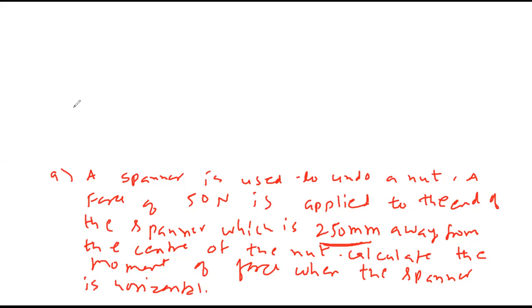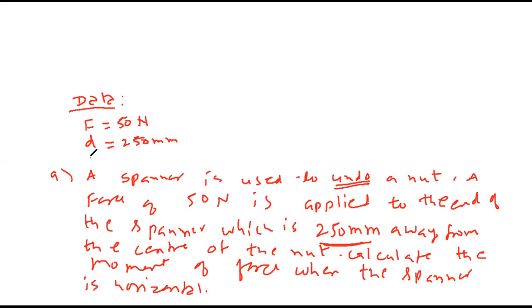Spanner is used to undo a nut, means to open a nut. So the given quantity is force of 50 Newton applied at the end of the spanner whose length is 250 millimeter. Some mistake you have done.